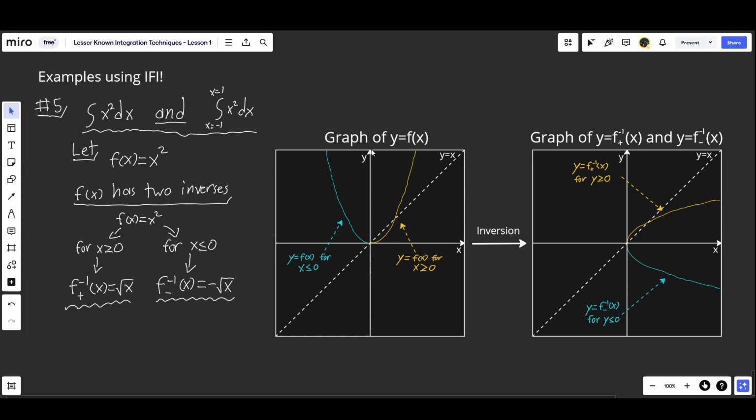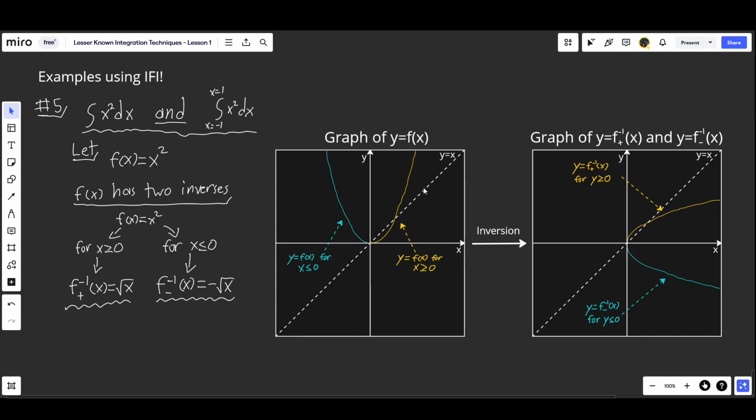But if we split the graph into two different sections of its domain, which is for x less than or equal to 0 or x greater than or equal to 0, these sections are invertible because they don't have the same y value twice. The yellow section, which is for x greater than or equal to 0, will invert into the positive square root. And the cyan section will invert into the negative square root.